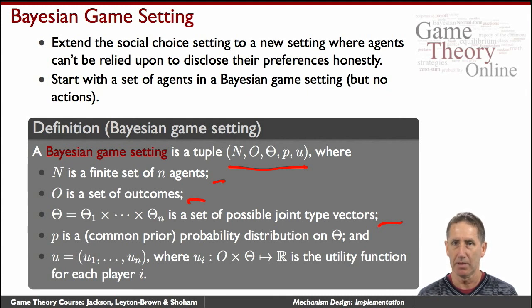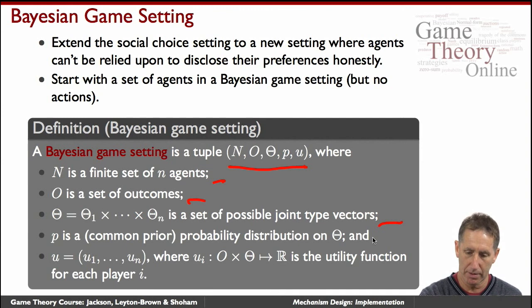Again, we don't yet have a game here, but the notion of type is well defined. And type is all that private information of the agents. So intuitively, think about it as, in a voting situation, what is my preference ordering among the candidates? What do I know about the preference ordering of other agents? What do I know about what they know about my preference ordering? And all that private information is my type.